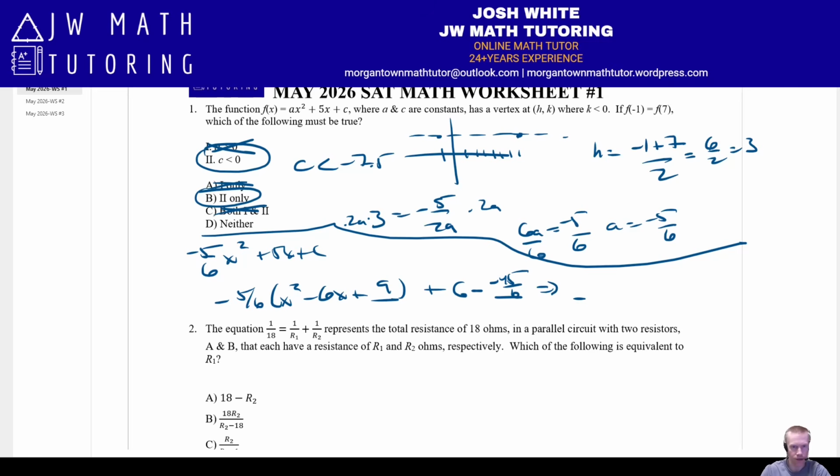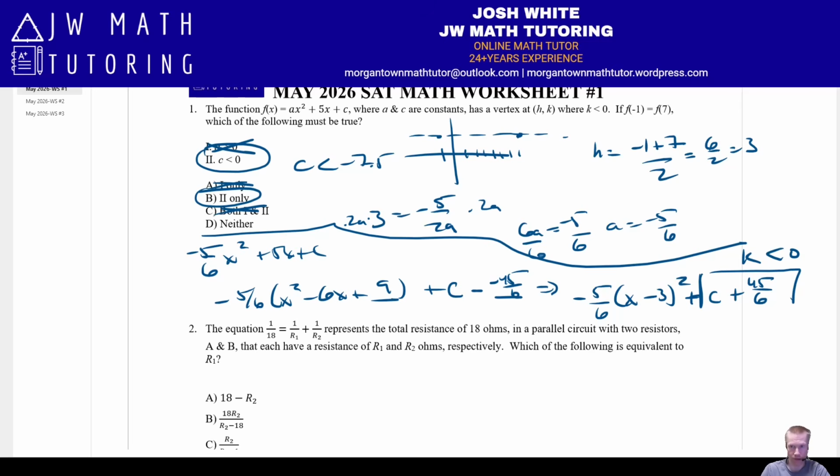In other words, when you put this into vertex form, hold on, just make sure that's the c, that's the constant. Okay, you get c plus 45 over 6. This right here is k, the y-coordinate of your vertex.